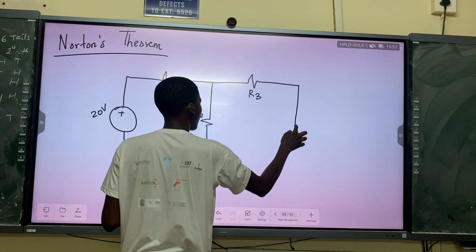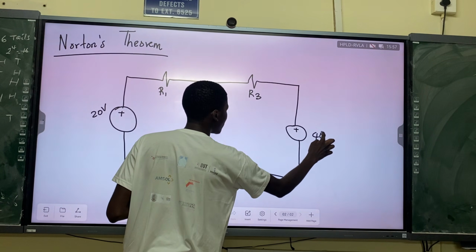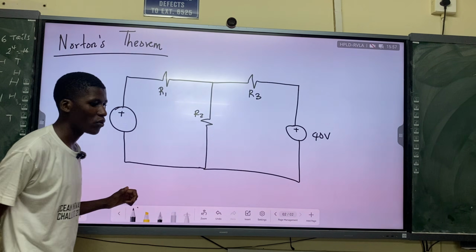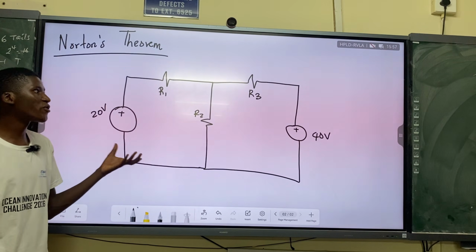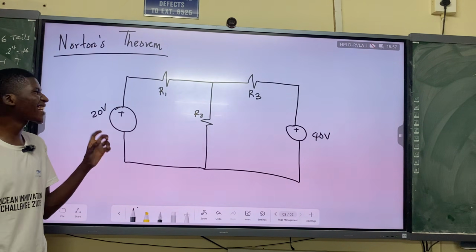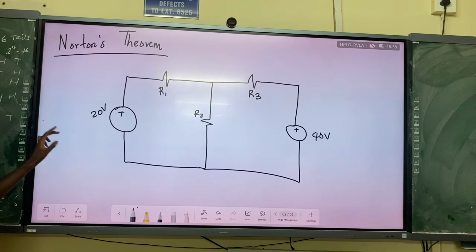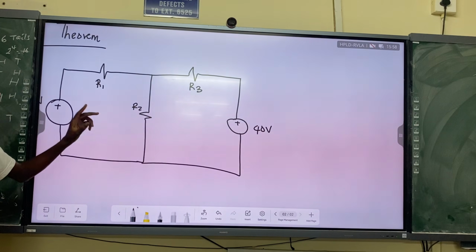And then another voltage source, which is going to be our 40 volts. Now we want to try to make this a Norton's equivalent circuit. Our aim is the same as in Thevenin's.